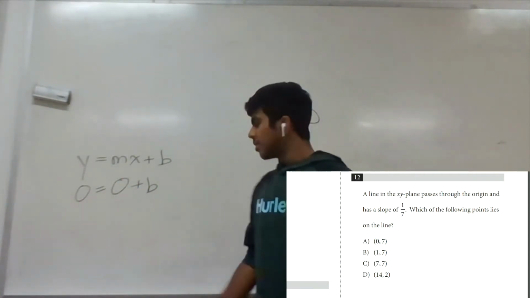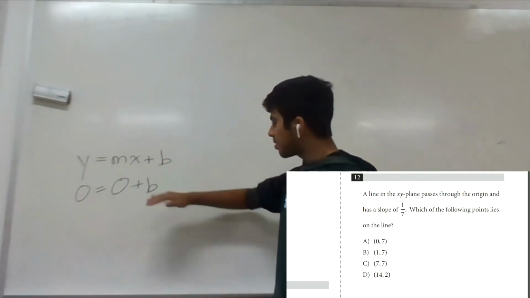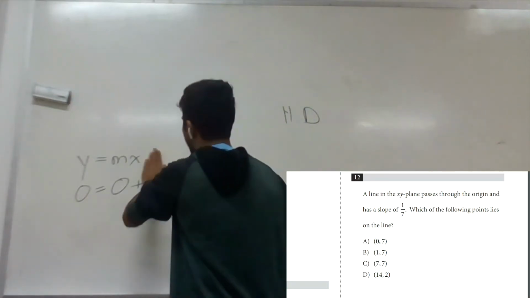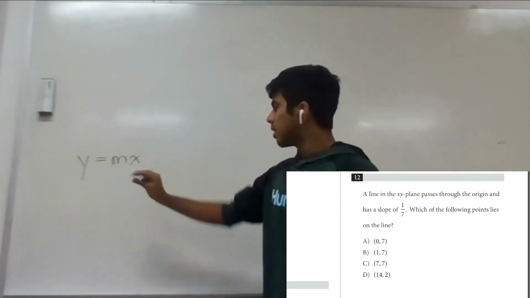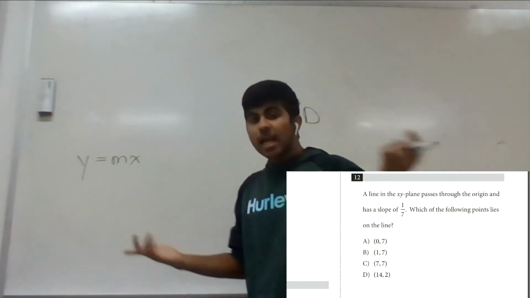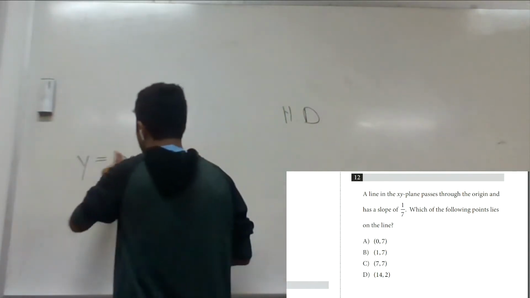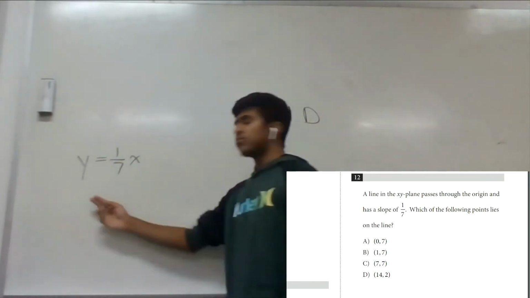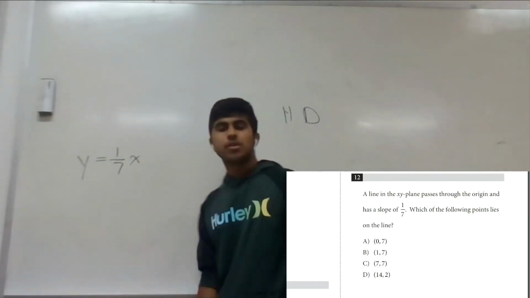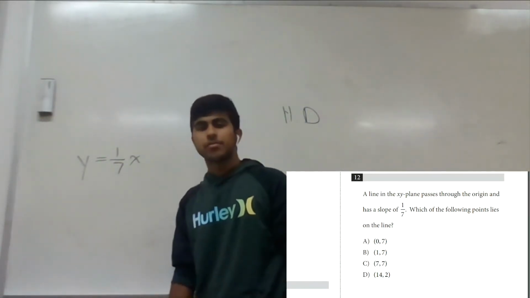Anyone looking at this can see that b is just 0, so we can get rid of that. Y equals mx is all we have. We're given that m is 1/7, so we put 1/7 here. Y equals 1/7 x. That is the equation of the line they're talking about.